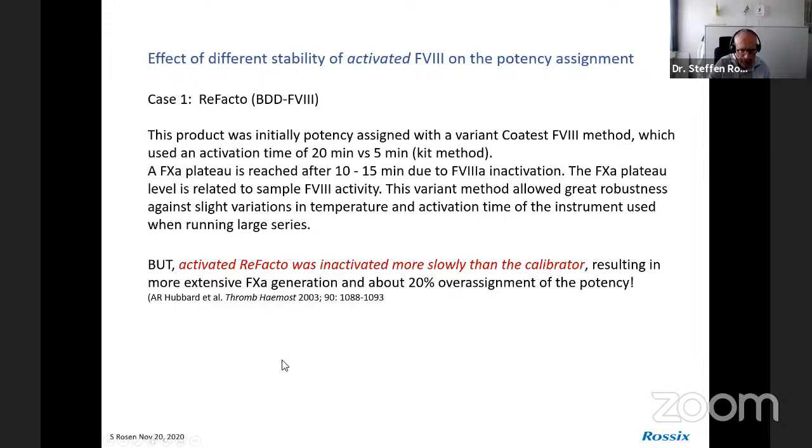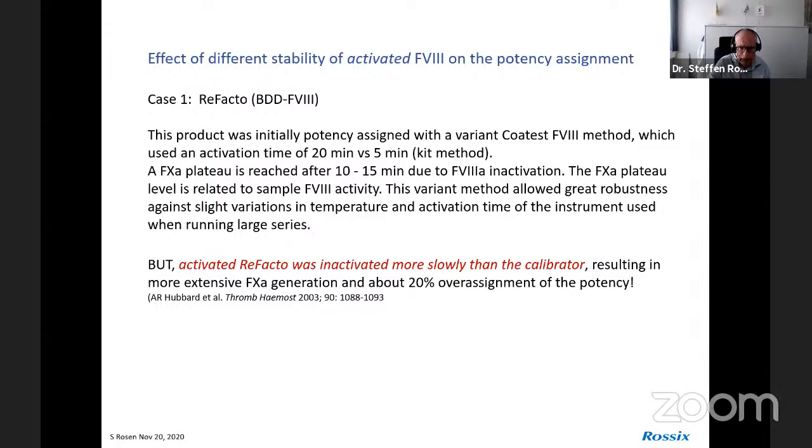Activated factor X showed to be inactivated more slowly than the calibrator, resulting in more extensive Xa generation and about 20% overassignment of the potency. And I should mention that this method was introduced at the Kabi company in the 80s, long before ReFacto was made.